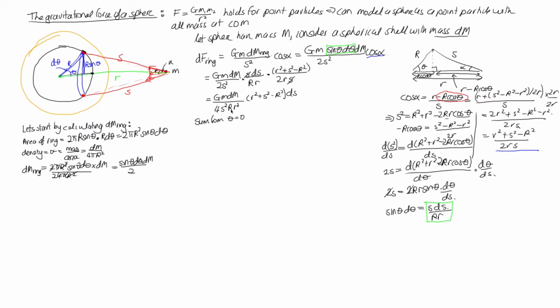And so you can see at theta equals 0, we have the relationship between R and s that s, this length here, is equal to R minus r. And then we want to sum up all the rings round to here, which is theta is equal to pi. And at this point, we've got that s is equal to R plus r.